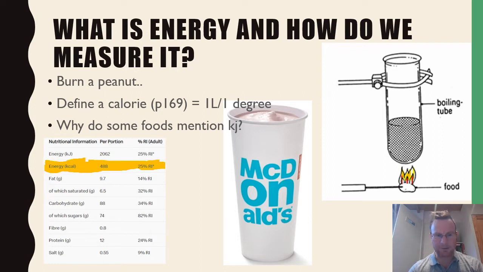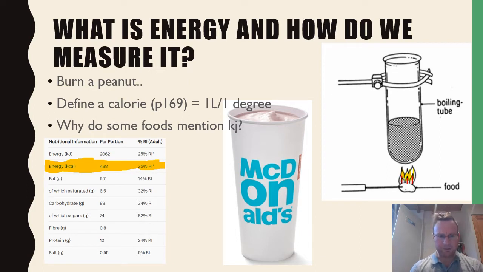It has 488 kilocalories of energy. That's roughly the equivalent of about 2 pints of beer, maybe a couple of Mars bars perhaps. It's quite a chunk of calories. That's probably just a little bit lower than a Big Mac in terms of calories from that shake.